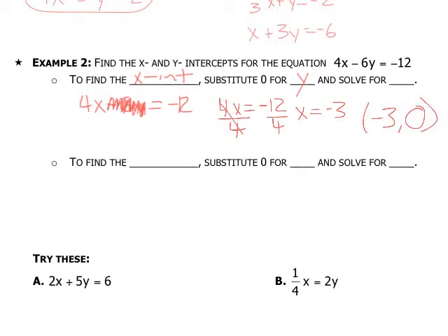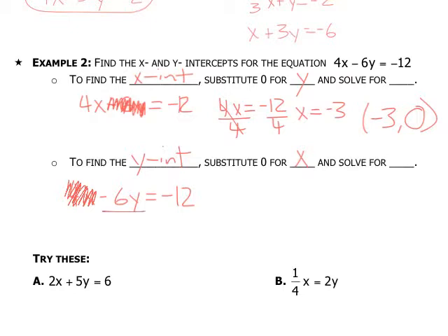And then we kind of do the opposite for the y-intercept. So for the y-intercept, substitute a 0 for x. Same equation, 4x minus 6y equals negative 12. So now I'm plugging a 0 in for the x term. So 4 times 0, again, is going to wipe that term out. I'm left with negative 6y equals negative 12.